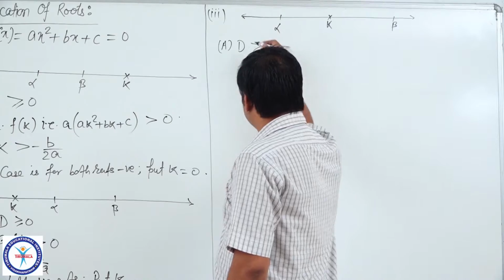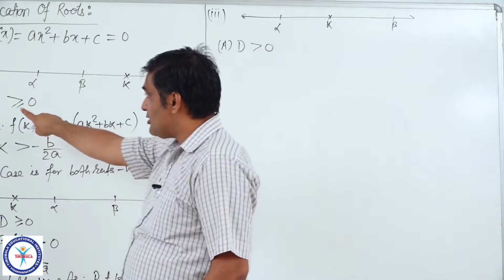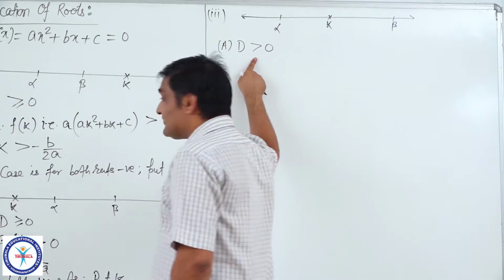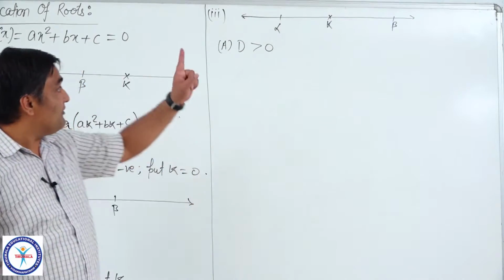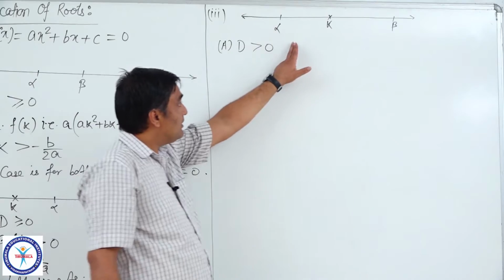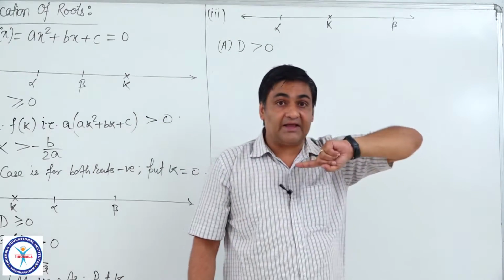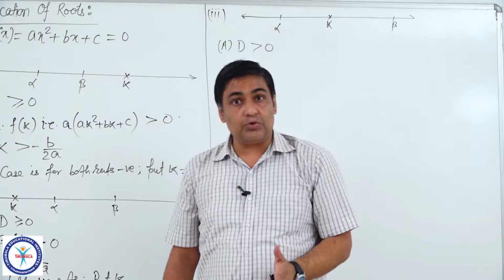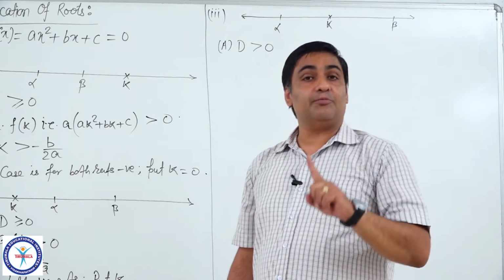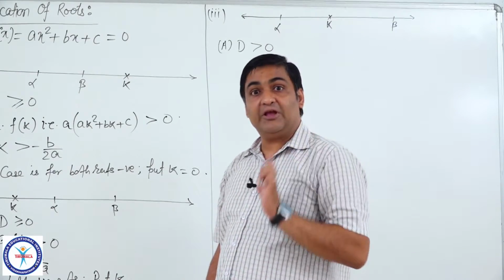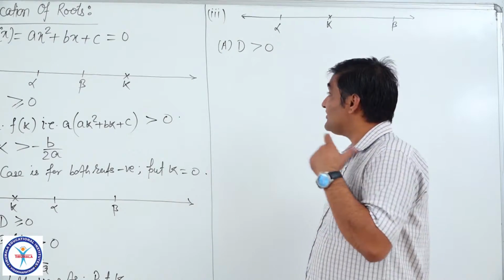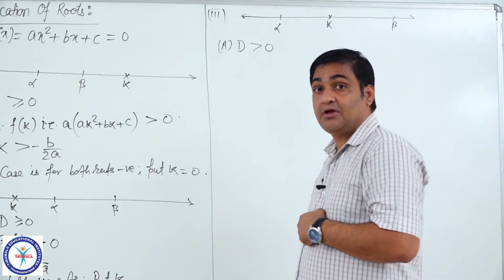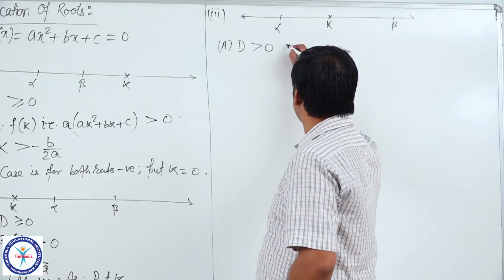D greater than 0. Remember, we have not put equality sign over there, but here, because if one root is smaller than k and other root is greater than k, then both roots cannot be equal. So here the discriminant cannot be equal to 0.